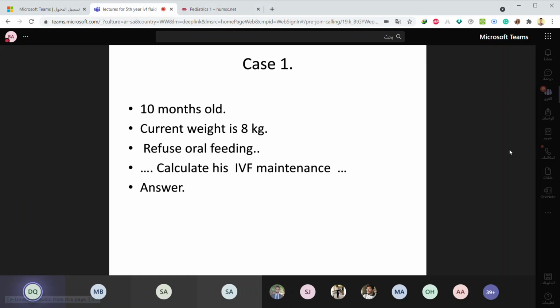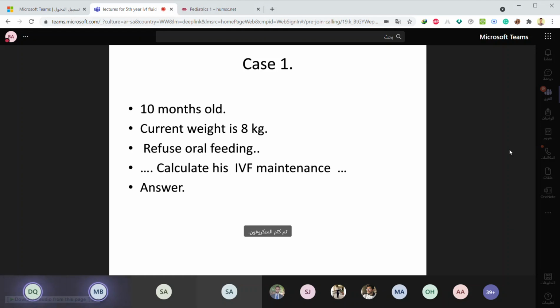Okay, how much sodium does he need, to know the type of IV fluid? Uh, 24 milliequivalent per day.